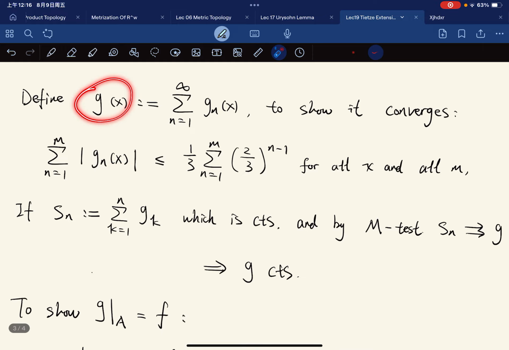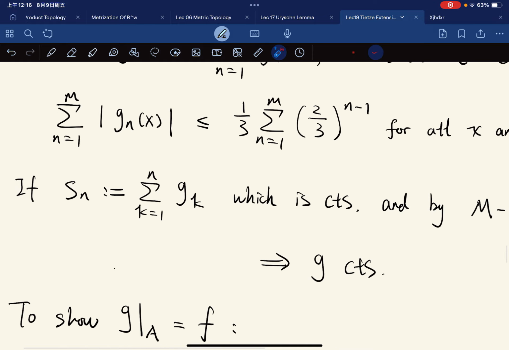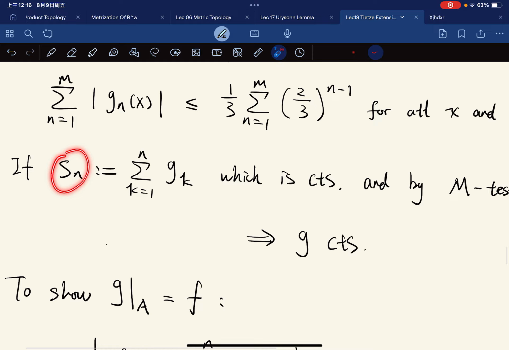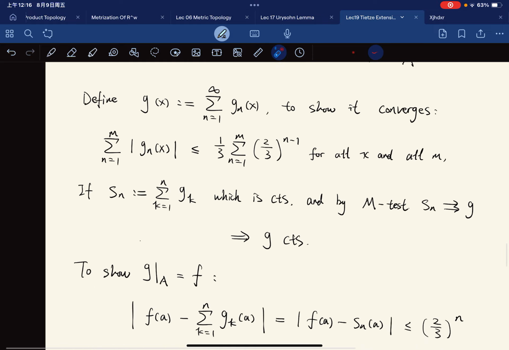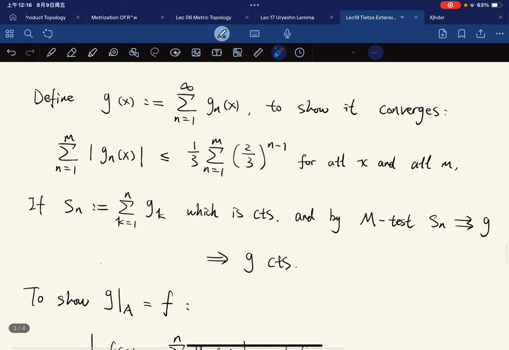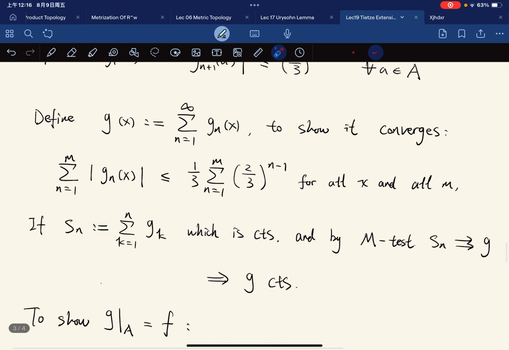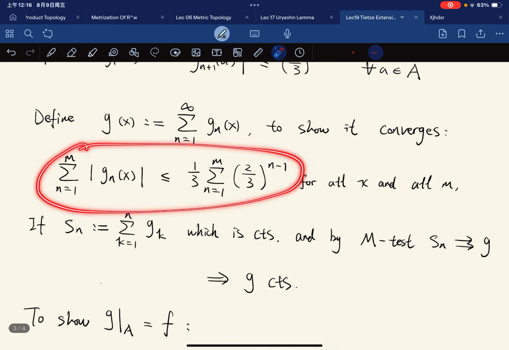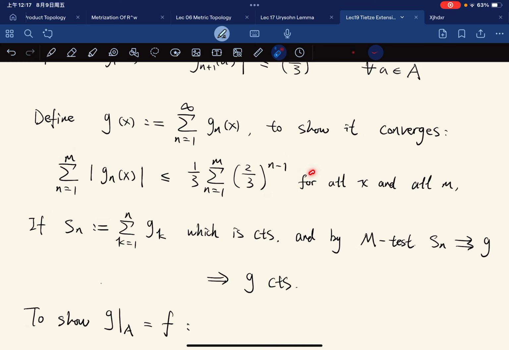So g makes sense. Now, for convenience, let Sn be the partial sum of the gk. It is definitely continuous, and by the Weierstrass M test, it is less than some constant. Because this bound works for all x, by the Weierstrass M test, it converges uniformly.